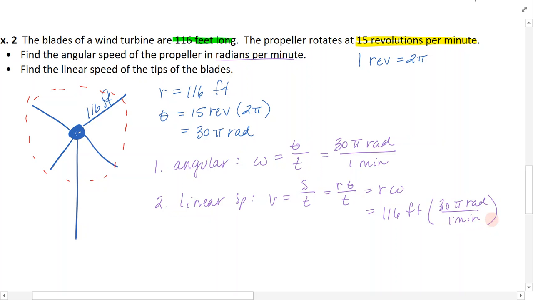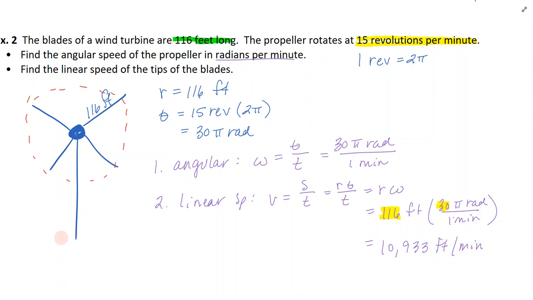And when I multiply 116 by 30 pi, I find out that this is 10,933 feet per minute, which is how fast the tip of that blade is rotating.